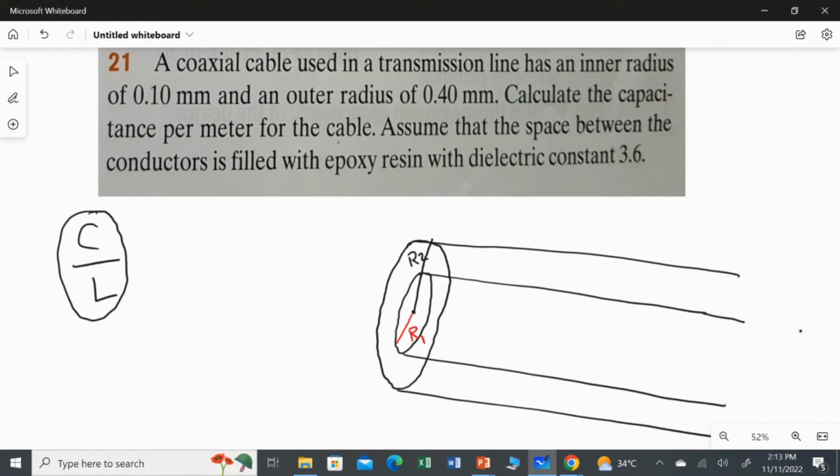In this question they are using epoxy resin, and that material has a dielectric constant value of 3.6. They kept this material in between the two layers, right? Better I can just use, the epoxy material will be here.